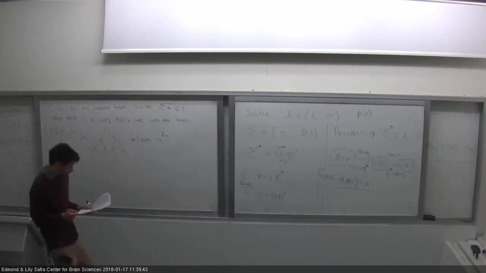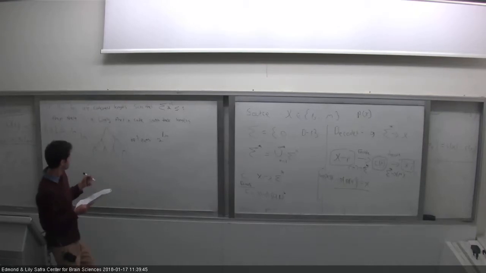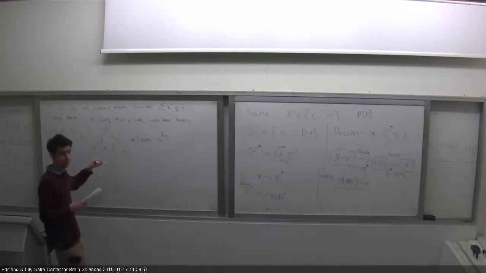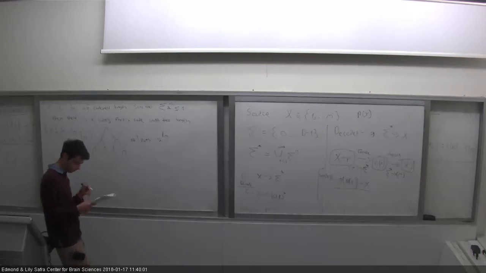What I will do is construct a code in this case. Let's take L1 and choose a node at the height of L1, and then we remove the whole subtree from this node from the list.